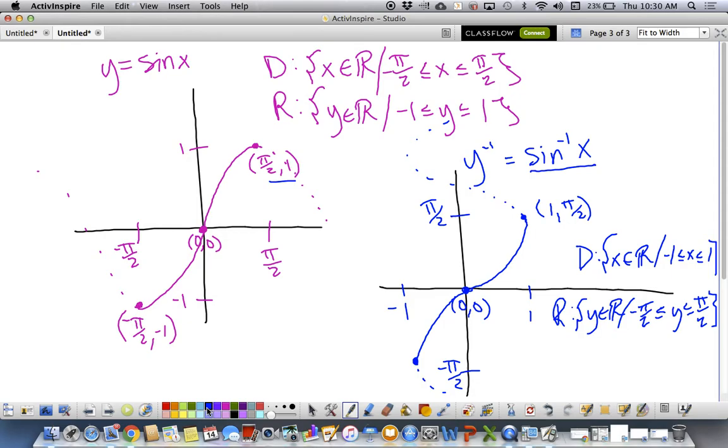We restricted the domain, the input, to just be between negative pi over 2 and pi over 2. We took a section; we could take different sections, but the mathematicians like to have the 0, 0 in there. So this will not change.